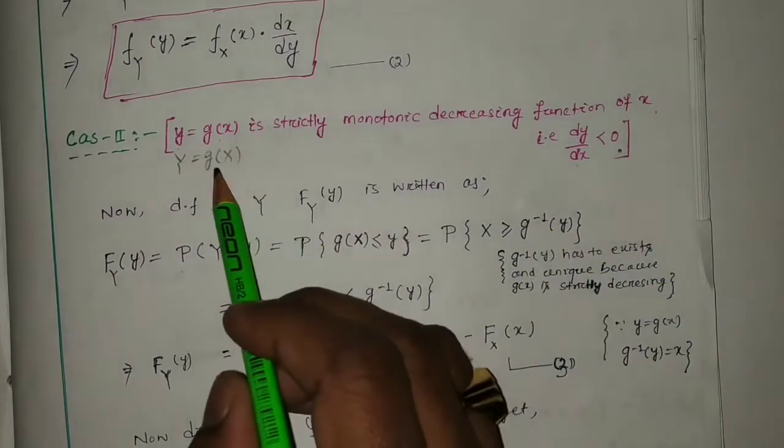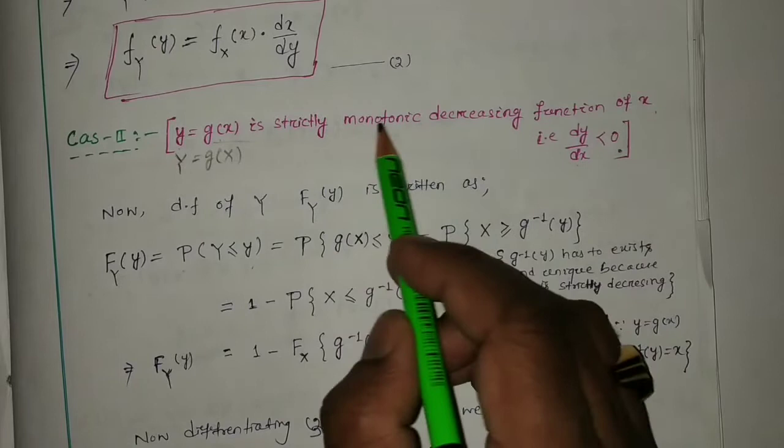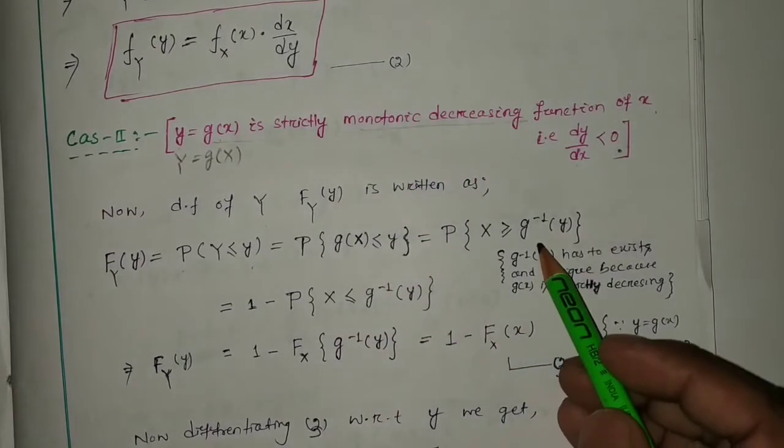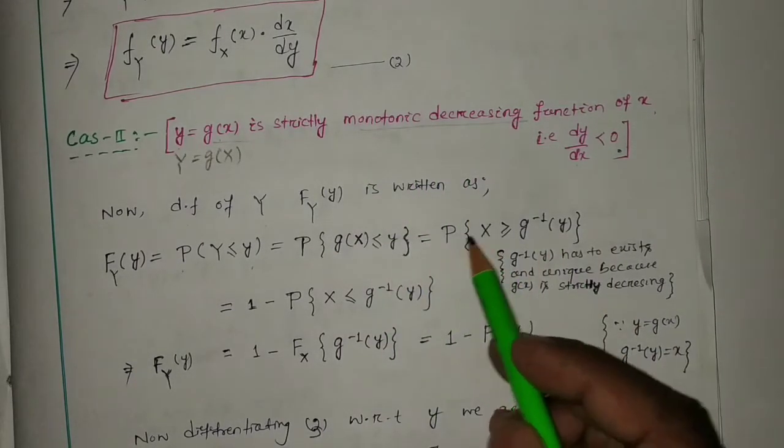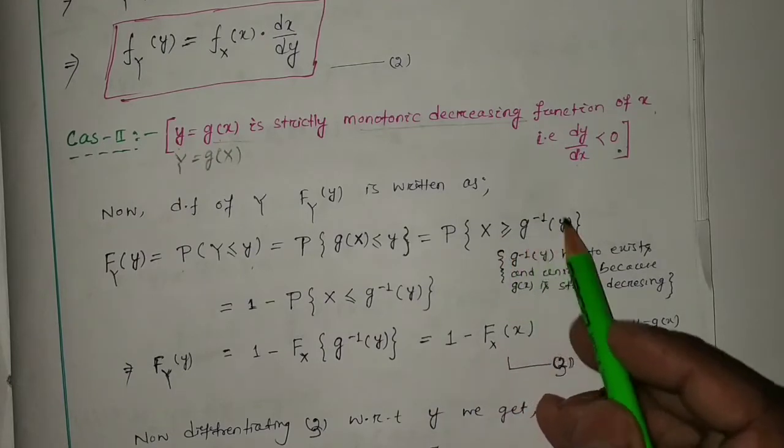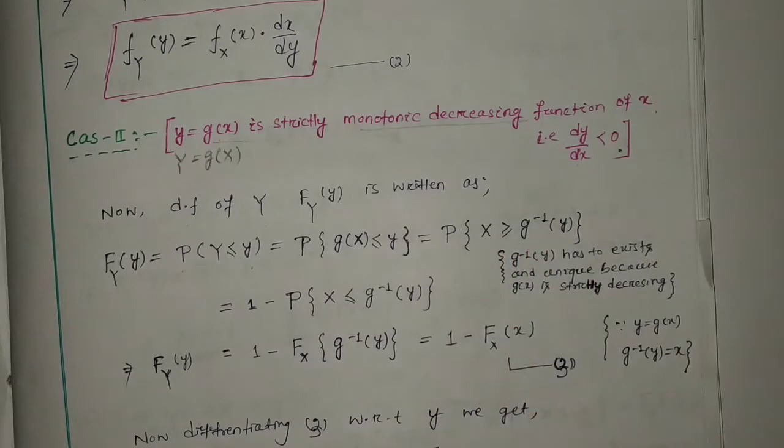Because as g of x is a strictly monotonic decreasing function, obviously x will be greater than g inverse y.